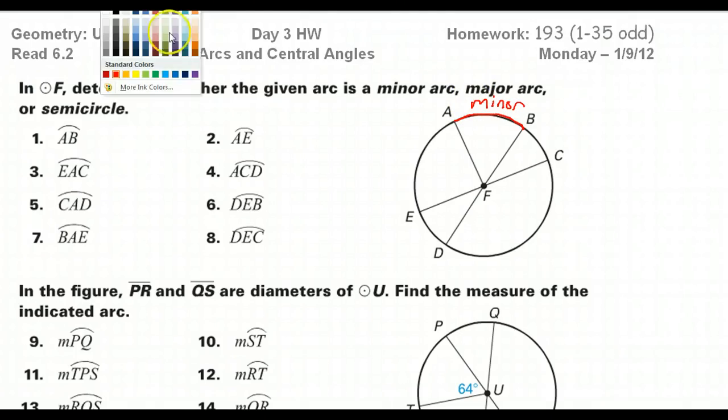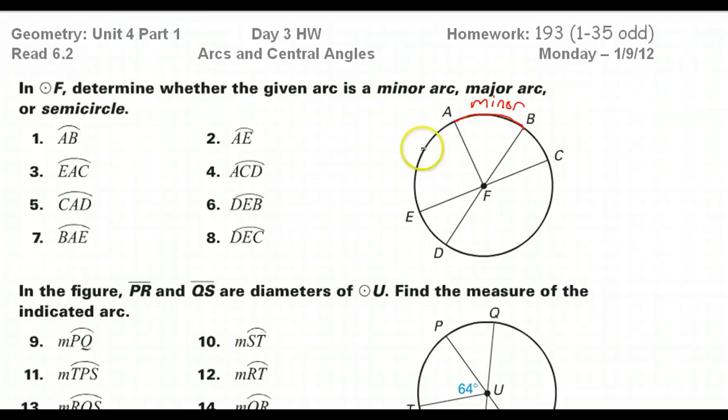But what if I chose to go from A to B the other way? If I went from A to B, but I went the long way around. Isn't that still an arc from A to B? But if I went that way, it would be a major arc. So how can I answer any of these questions if I could always go either way around?